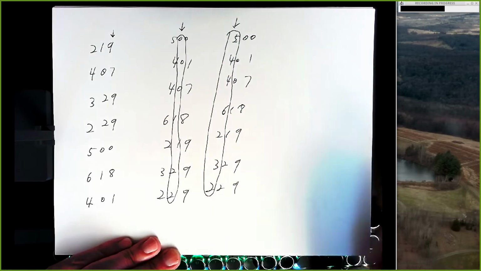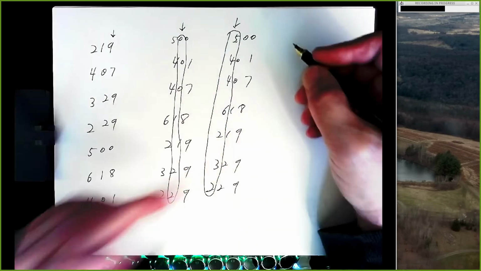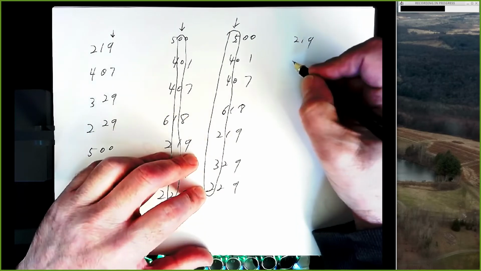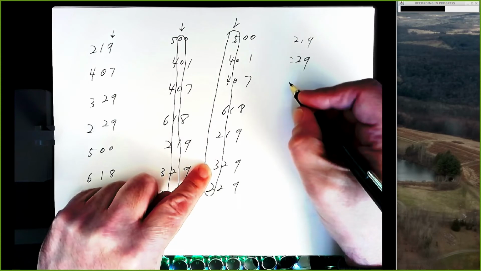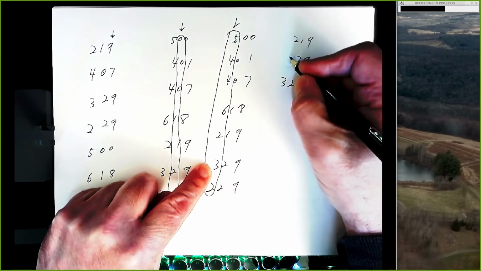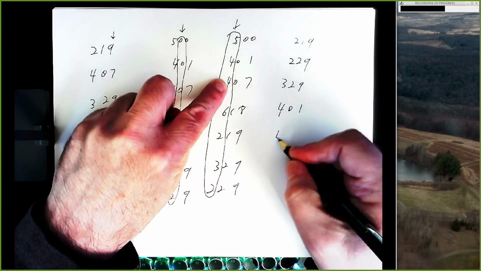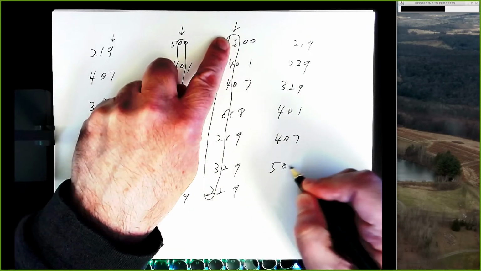And so again, we can make a pass, search for any 0s, search for any 1s, search for any 2s. So there's a 219, and there's a 229. And then make another pass, look for 3s, there's a 329. Look for 4s, there's a 401, 407. Look for any 5s, there's a 500.